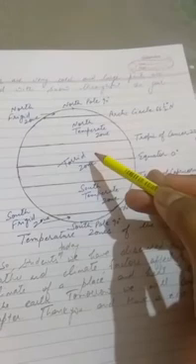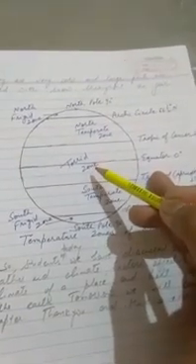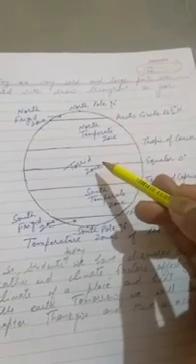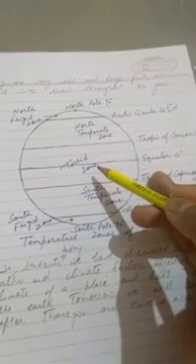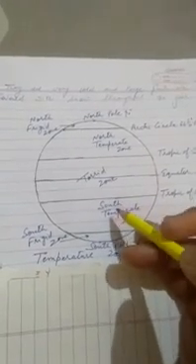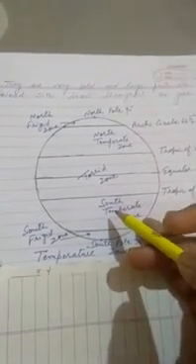The word torrid means extremely hot as it lies near the equator. This zone receives maximum heat. It is hot throughout the year.